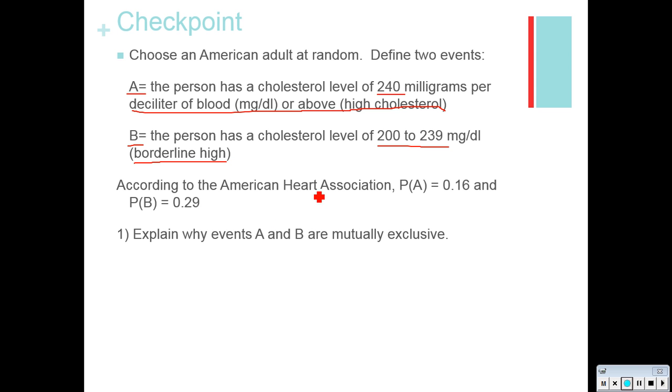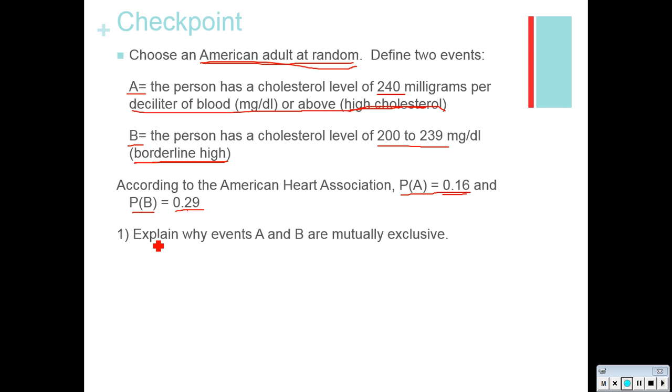According to the American Heart Association, the probability of A is 0.16. The probability that you would choose an American adult at random and they would have high cholesterol is 0.16. And then the probability of B is 0.29, meaning the probability that you would choose an American adult at random and they would have borderline high cholesterol is 0.29.